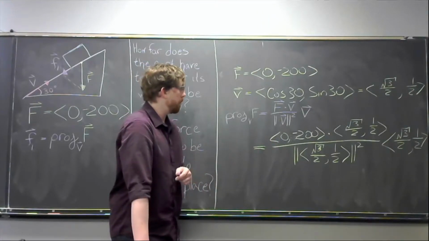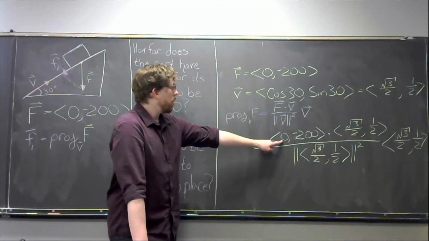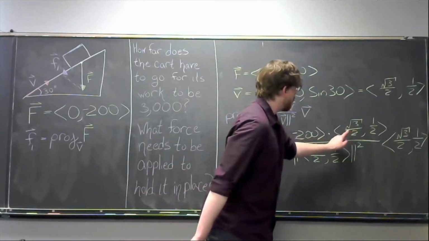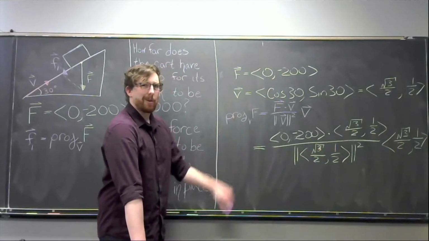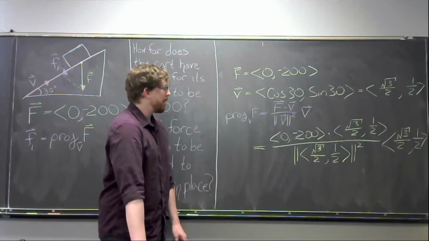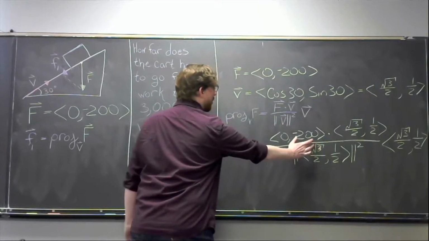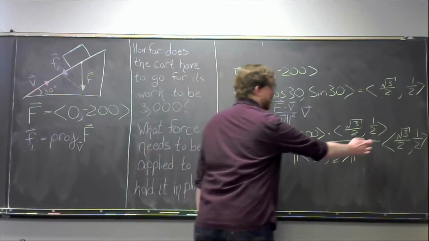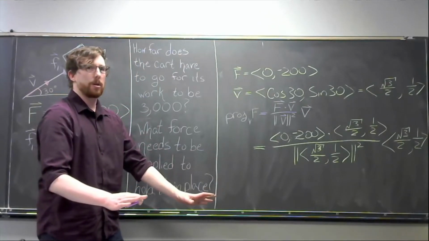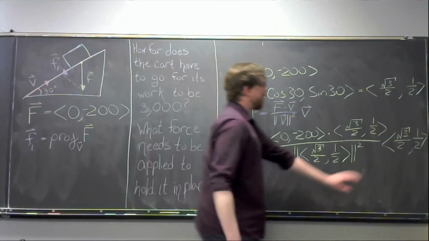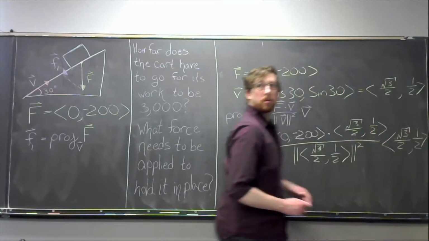We don't need to worry about it. And our numerator, well, we're going to have 0 times the square root of 3 over 2, which is 0. So this whole fraction is just going to become negative 200 times 1/2. That's all the fraction becomes. And then we multiply that with this last bit here. So let's do that.